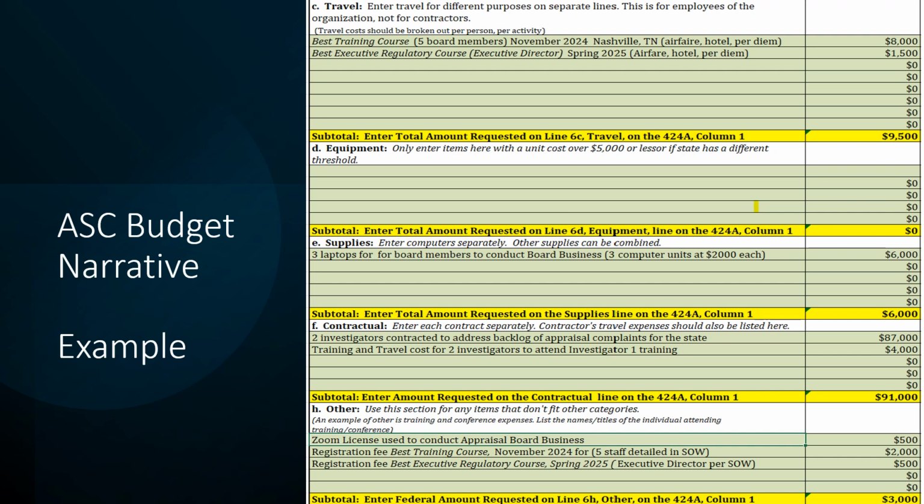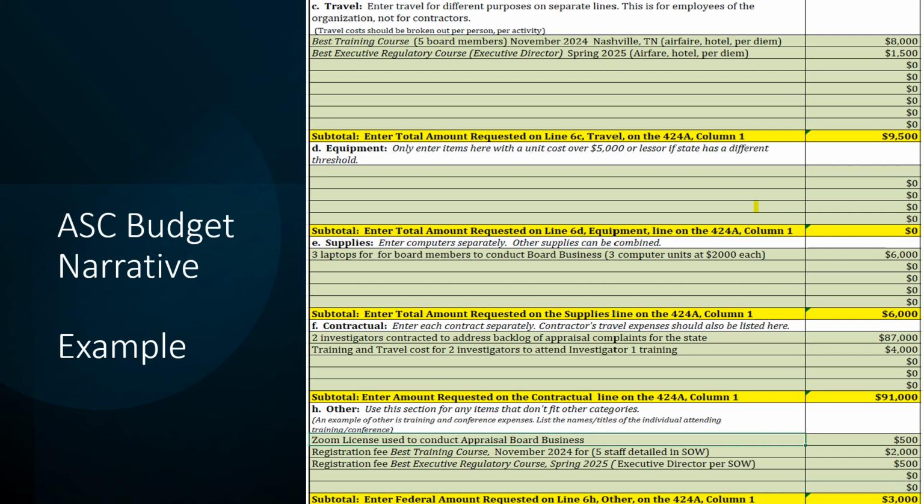This is just the travel cost to this training, the best training course, which will be in November 2024 in Nashville, Tennessee. These costs for travel are the airfare, hotel, and per diem for those 5 board members. The next line item, it's travel costs for the best executive regulatory course for the executive director, spring 2025. Those costs would be airfare, hotel, and per diem.